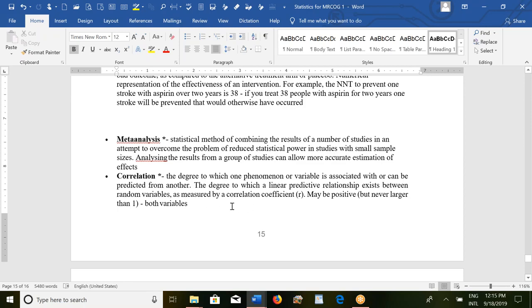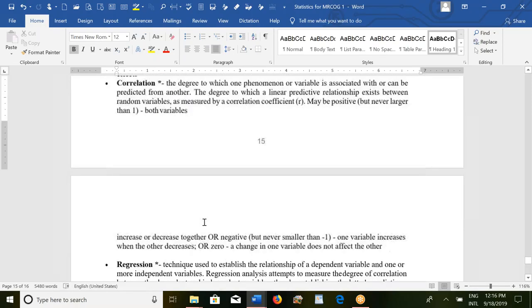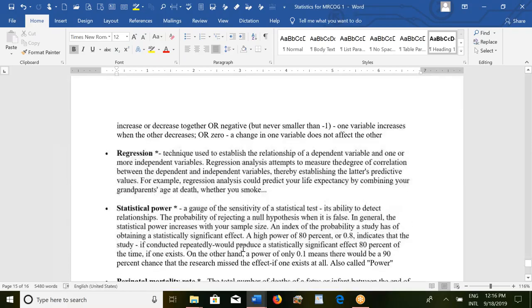But if one variable increases when the other decreases, then you will say negative correlation between the two variables, but never less than -1. Or it will be 0 if a change in one variable doesn't affect the other, so they have no correlation.